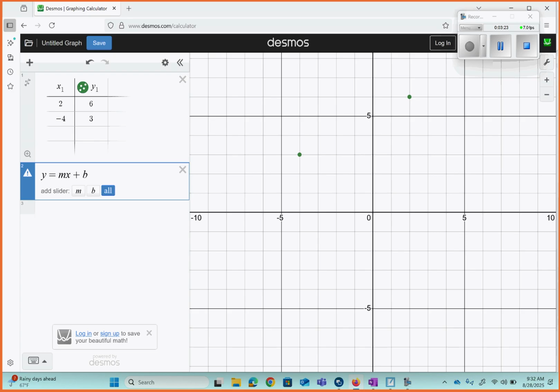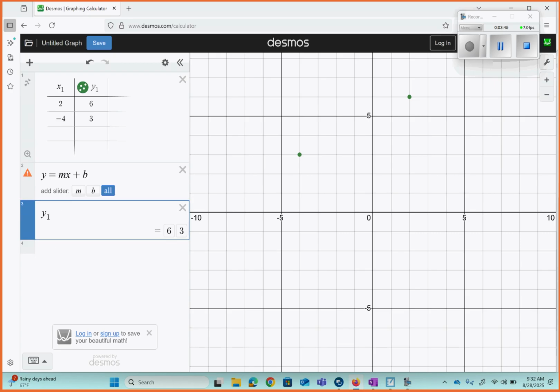And then I have x and y. But I want you to take a look at my x and y that I have above. My x and y above are x sub 1 and y sub 1. Agree? So the operating system for Desmos is pretty nice that it allows you to do stuff. So that's basically the equation we're heading towards.